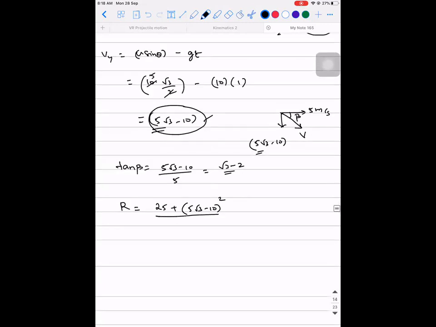What is the value of ac? ac is g cos beta. 25 plus 5 root 3 minus 10 whole square is 75 plus 100 minus 100 root 3, divided by g, which is 10, into cos beta. You can find cos beta as 1 divided by root of (root 3 minus 2) whole square plus 1. Substitute all these values and find the answer. In terms of calculation it is slightly tedious, but this is how you solve. With practice you will get the speed.